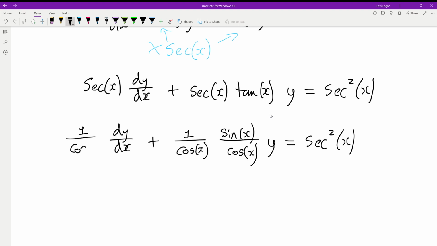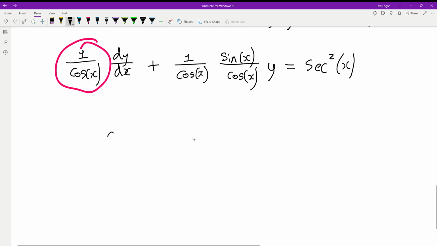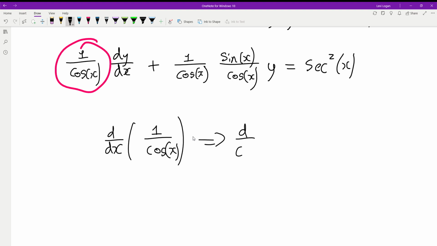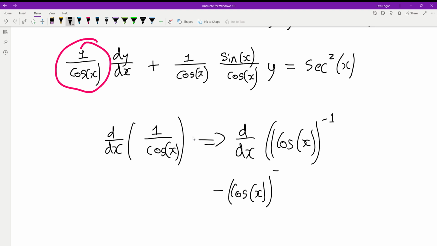Now let's understand what we have here. If I were to differentiate 1 over cos, I would treat it as cos x to the negative 1. When I differentiate that, the power comes down to the front, so I have negative cos x to the power of negative 2.